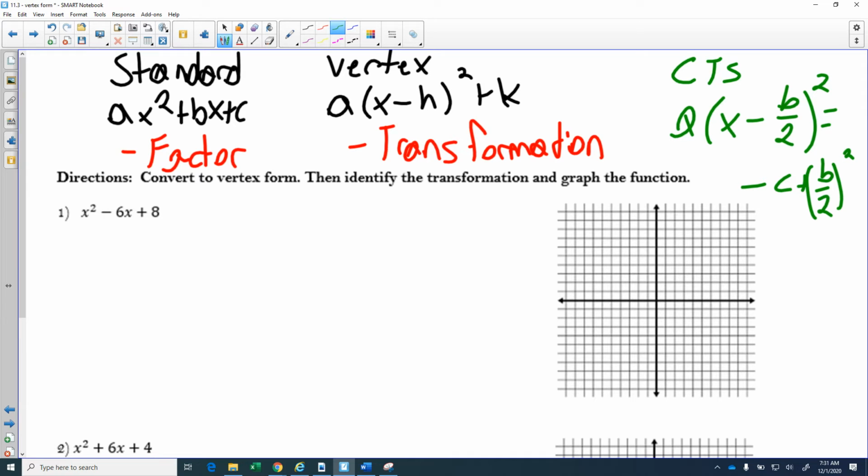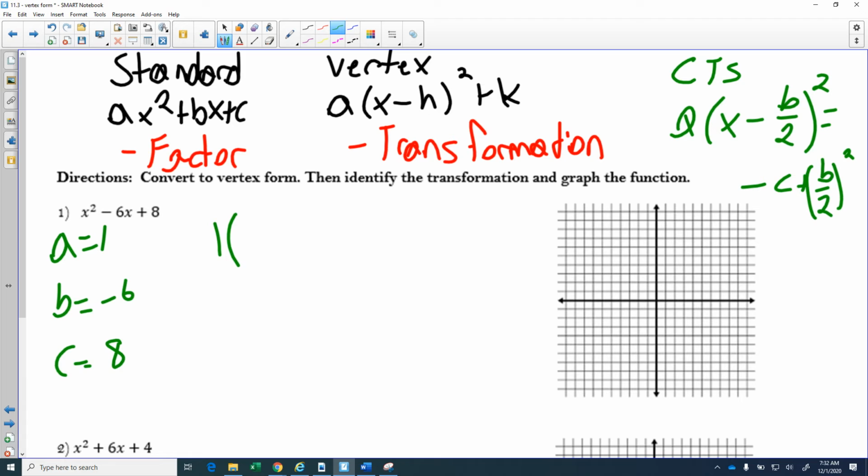As we're working through this, let's go ahead and finish this off. To get to the completed square equation, all we have to do is work this out. We know a equals 1, b equals negative 6, c equals 8. We're going to plug those values in.